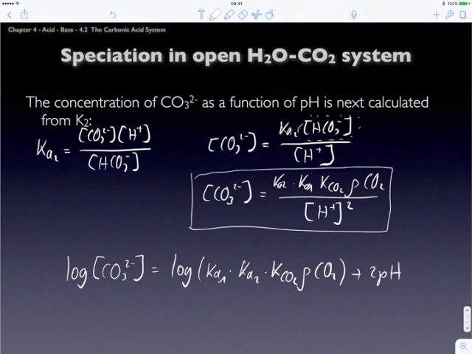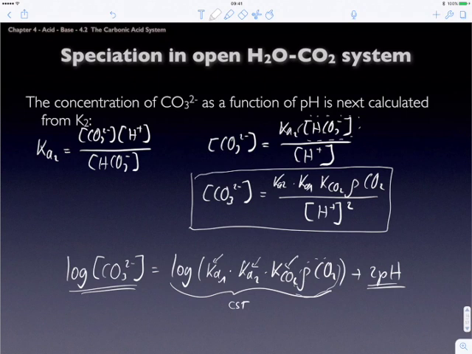So this will increase twice as fast with the pH compared to the bicarbonate, okay? And this is a constant also for a certain pressure and temperature, of course, because those constants are defined by a specific setting of state variables, and this is the PCO2.